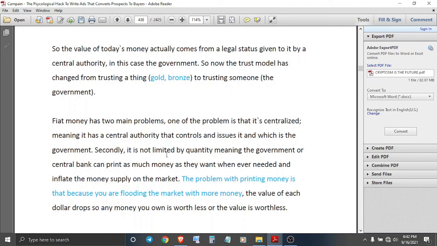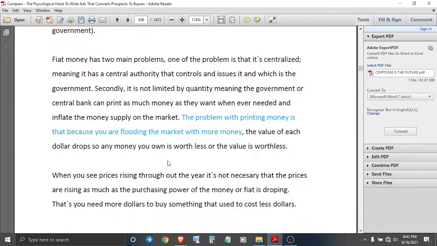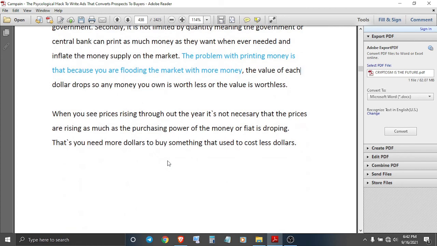Because they print so much money, to please certain types of people, prices go up when they print more money, and the value of the money becomes worthless.